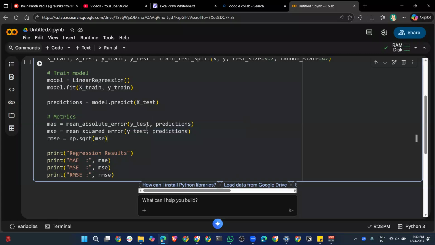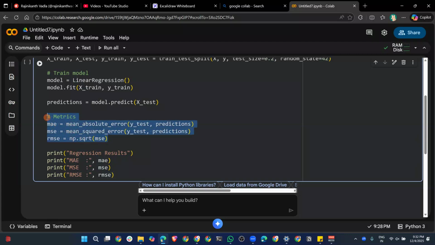Why do we use this? It finds the square root of the MSE, the first one, which is in the same unit as the target, so we can use it for comparing. Okay, so these are all the values.